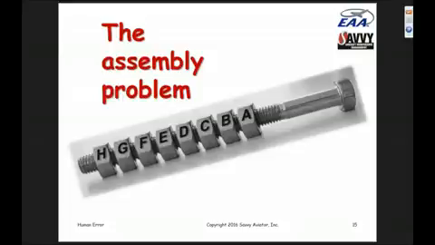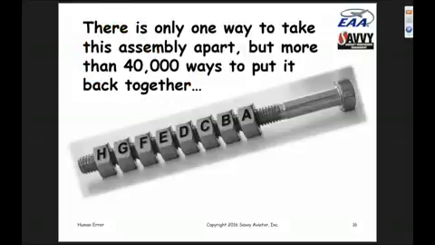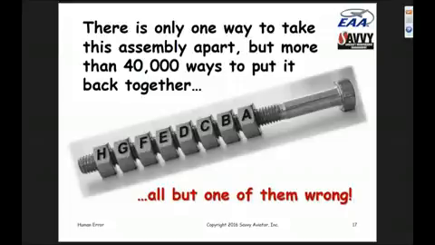There is precisely one way to take this assembly apart, but there are more than 40,000 ways to put it back together, and all but one of those ways is wrong.